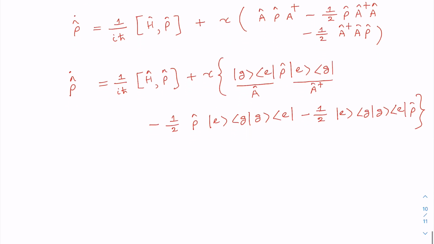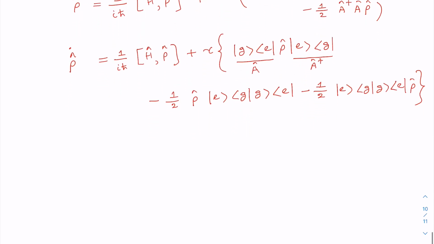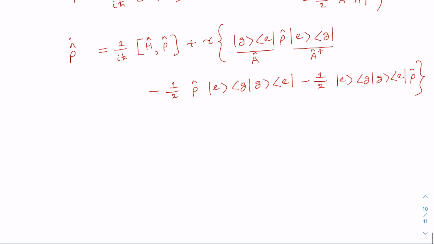Now let us look at the diagonal entries of the density matrix first and see how they evolve in time. The diagonal element, for example this particular term, gives the probability of finding the atom in the excited state, and its time rate of change gives the time rate of change of the probability.